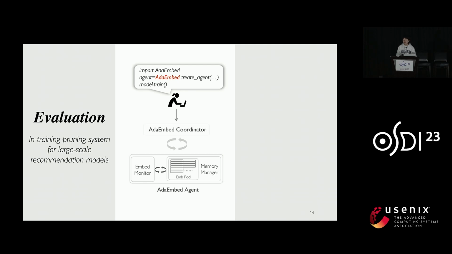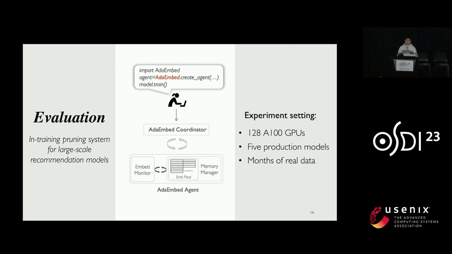Now, it's time to assemble our system, AdaEmbed, for efficient embedding pruning during model training. It offers large resource savings by pruning large-scale recommendation models on the fly. We evaluate AdaEmbed using a cluster of over 100 GPUs across 5 production models.